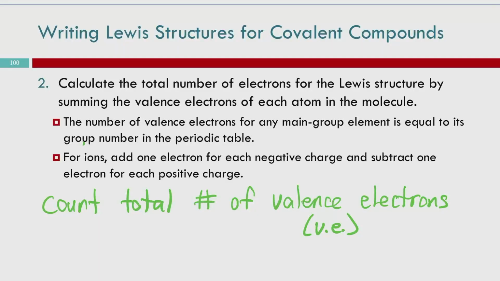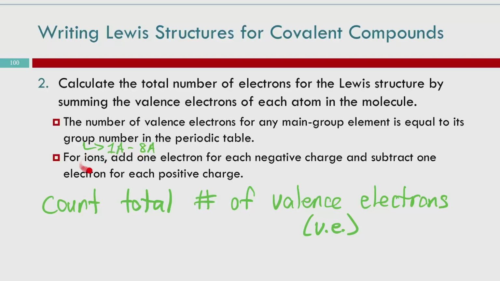The number of valence electrons is equal to the group number for the main group elements, that 1A through 8A. So for groups 1 and 2, it's just 1A and 2A, 1 and 2. For 13 through 18, you just drop the 1 in front, and it's 3A through 8A. Or remember it some other way. It's up to you.